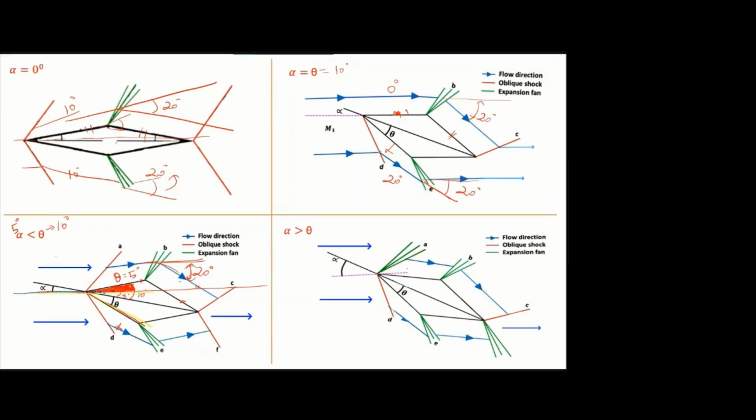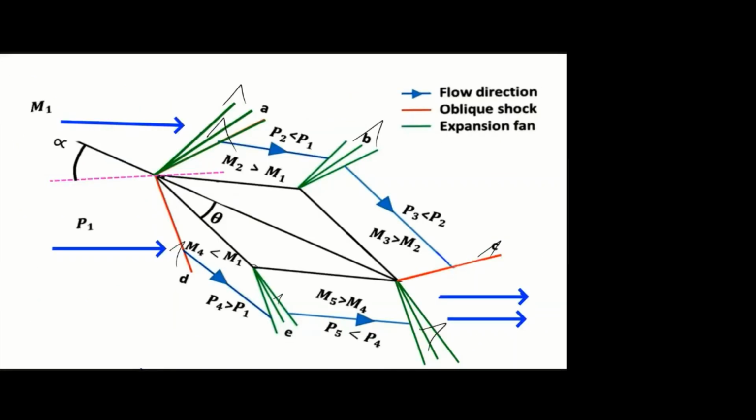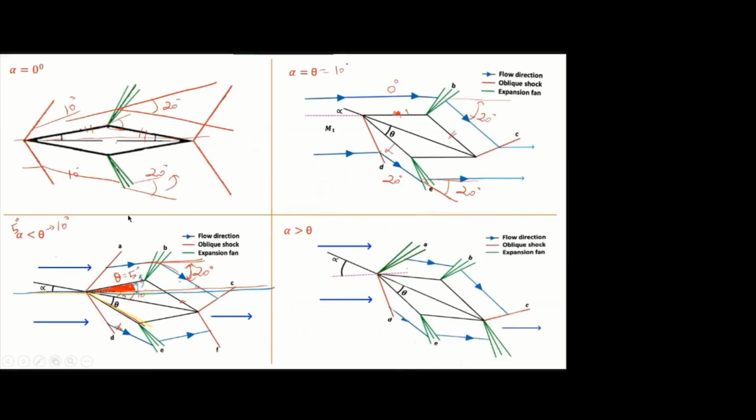This is the free stream direction. Above you said it is 5, then below. Is it so small? Then can I show this angle in a different diagram? Is it visible? Yes, sir. It's visible. Even you can zoom that page in your mobile. Yes, sir. Okay, then you can zoom and tell what is the angle here.